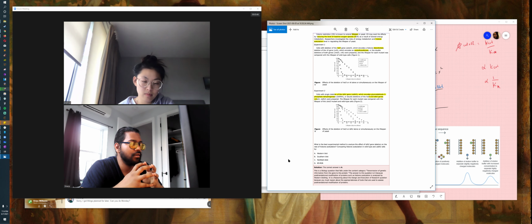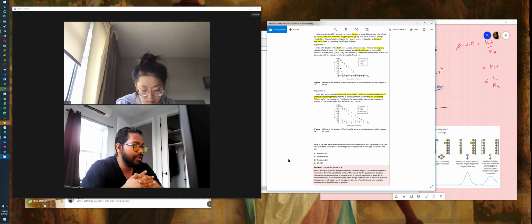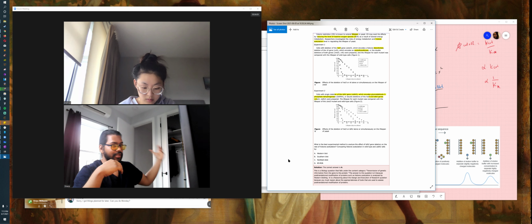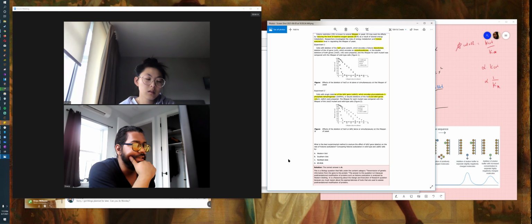So if they wanted to see the effect of that gene deletion on the rate of histone acetylation, they're comparing wild type and delta TDH2. So I guess that's the one that has the deletion. Yeah. Wild type doesn't have a deletion, and delta TDH2 has the deletion.